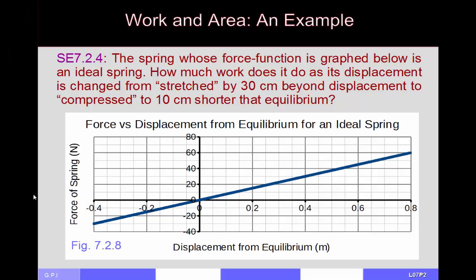I also leave it as an exercise for the viewer to go and attempt to do this the other way, in large part just to show that finding this area is in fact a bit faster than trying to get an equation out of this. If you want to try it the other way, you've got to get the slope of this line and then use your equation.